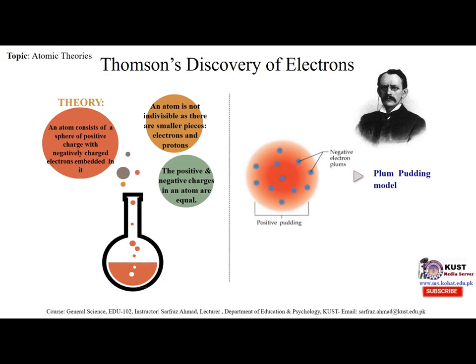Now we will discuss Thomson's discovery of electrons. This theory basically states that the atom consists of a sphere of positive charge with negatively charged electrons embedded in it, and an atom is not indivisible, there are smaller pieces, electrons and protons, and the positive and negative charges in an atom are equal.